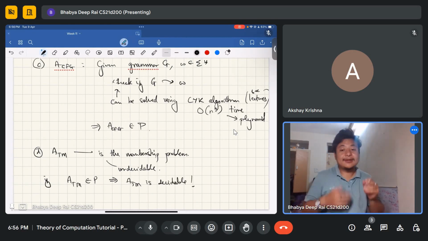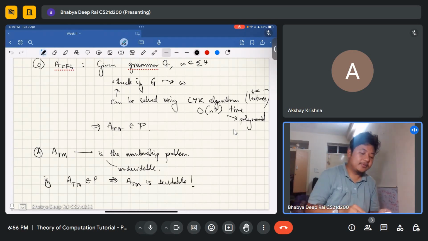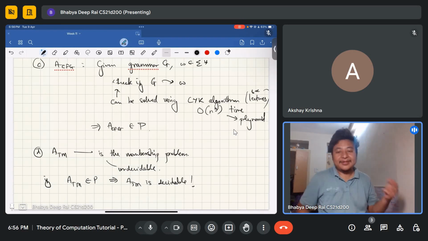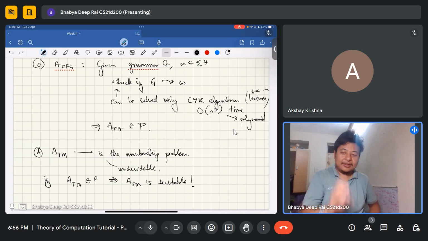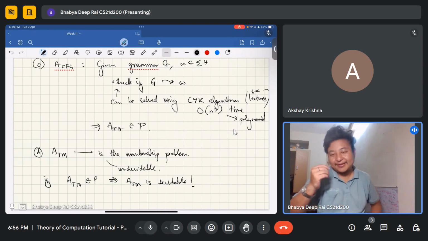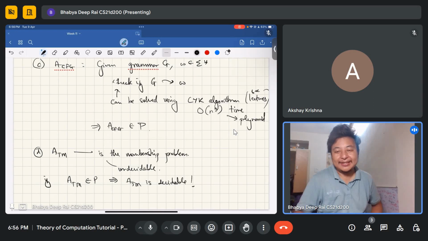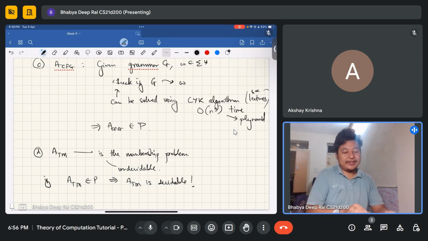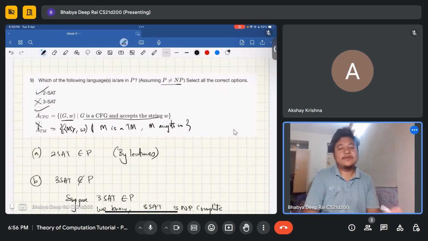But this is clearly not true, because once something is undecidable, it cannot be decidable. Undecidable itself means that I cannot compute it. All these classes like P and PSPACE that we are talking about are all decidable languages. So this would mean that ATM is decidable, which is not true. So this is false.